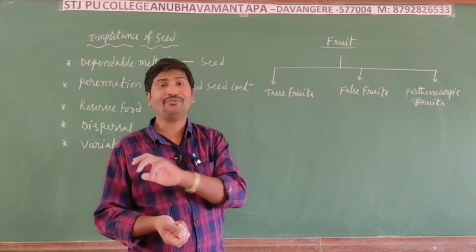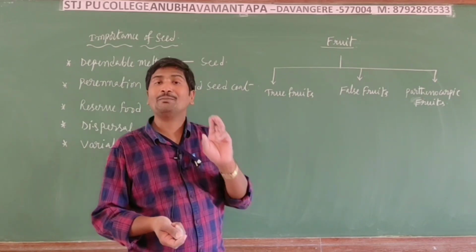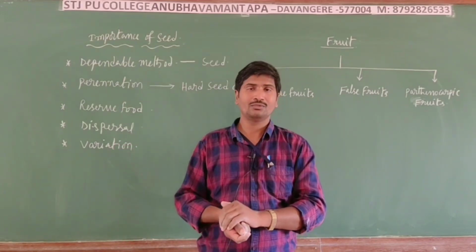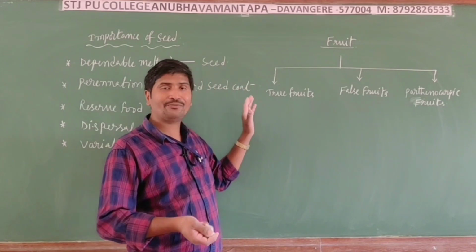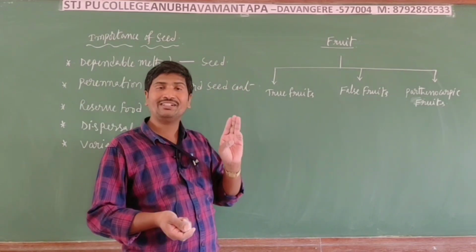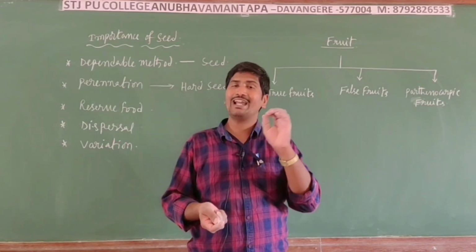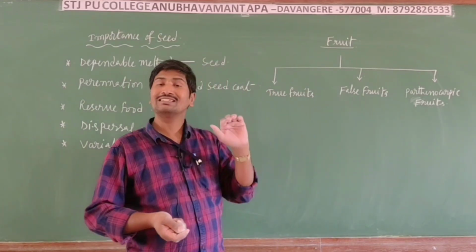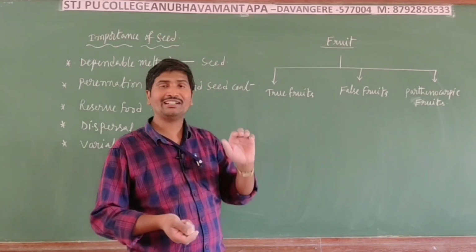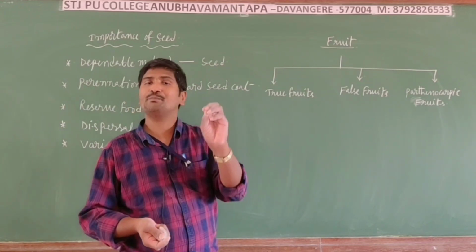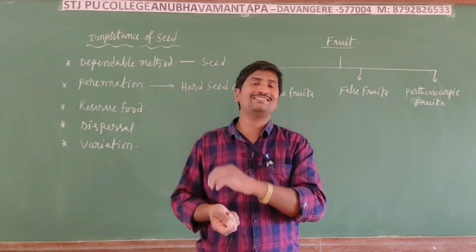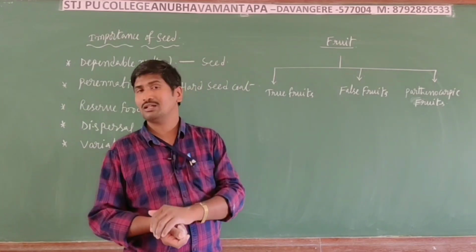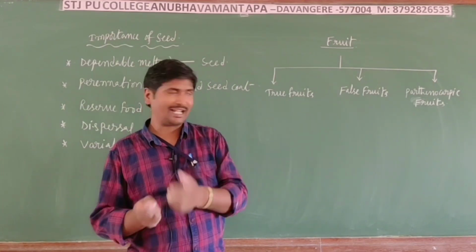But in dry fruits, the pericarp does not differentiate into these three layers. The best examples of dry fruits are groundnut and mustard.